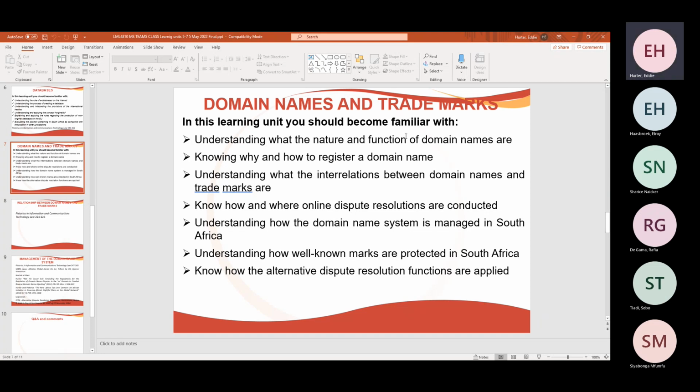It created cybersquatting, which is very simply the registration of a registered trademark as a domain name.